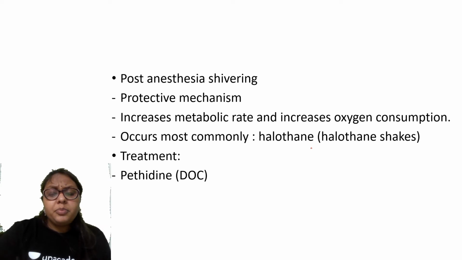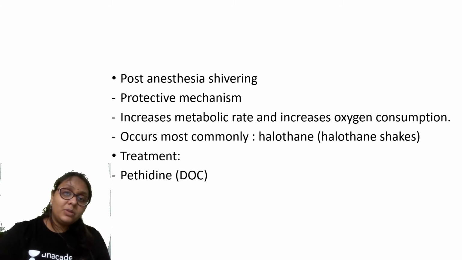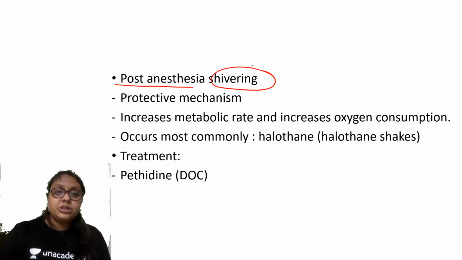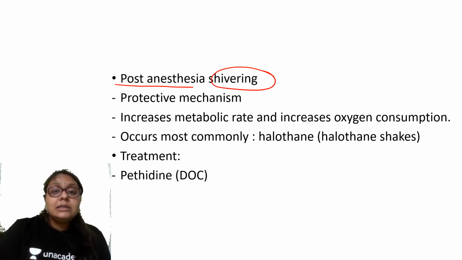Now the protective mechanism is post-operative shivering, right? I told you, because of shivering there will be an increase in metabolism and an increase in heat production. Post-anesthesia shivering we see in many patients after giving regional anesthesia; they suddenly shiver. So this is basically a protective mechanism.